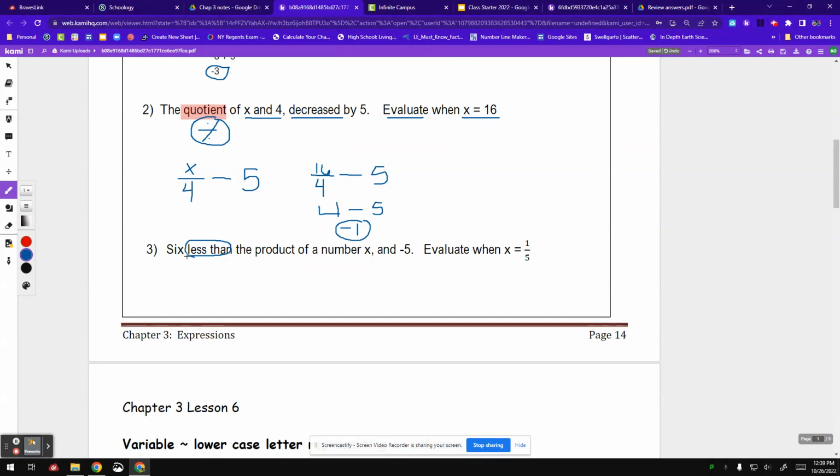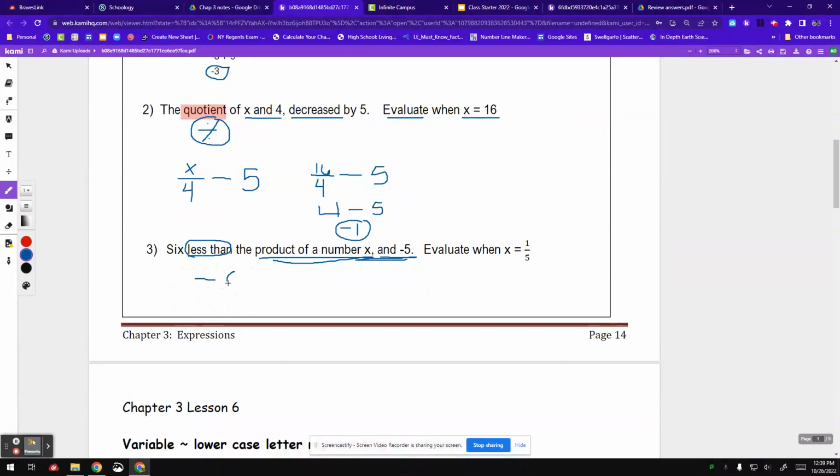All right, 6 is less than the product of a and x. So we're going to be multiplying a and x. No, product of a number x. So that's just x. So the product of x and -5, those two. Oh, that is so cool. If 6 is less, then 6 comes last.